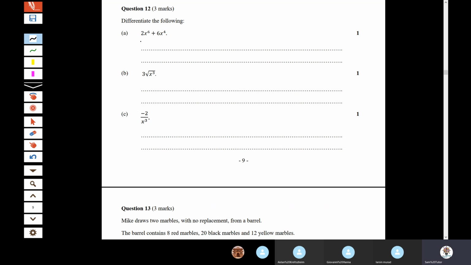Do we remember how to differentiate? I hope. So go and try these. Just a clue for B and C, no surds and no x's in the denominator. I'll give you a minute or two to try them out and see what you remember.